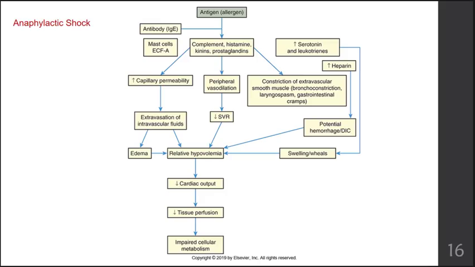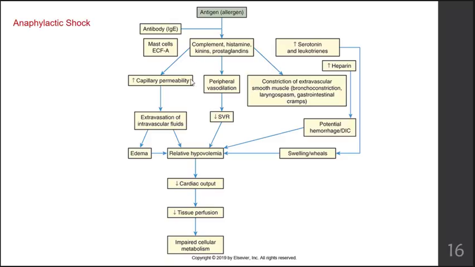Continuing on with anaphylactic shock, just adding a few more important pieces of information. We know that when someone who's sensitized is exposed to the antigen, we'll have many different mediators that are released. And this leads to a huge increase in capillary permeability and a subsequent loss of fluids because of the increased capillary permeability. So what's in the capillaries can leave much easier, and this will lead to edema.